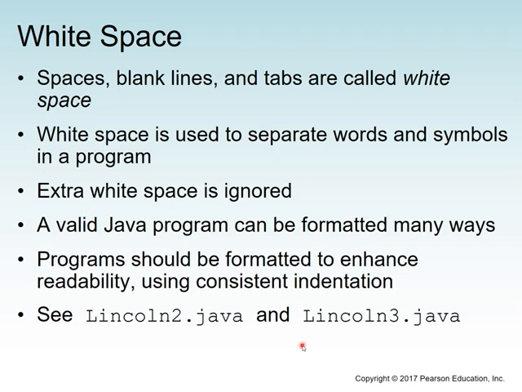Any sort of white space in a program, though, is ignored. So you can have 16 spaces between two identifiers, or you can have one, and it won't make any difference to the way the program is interpreted, just to the way it's read. So therefore, you can format it in many different ways, and the best way we can do that is to enhance our readability using a consistent indentation.